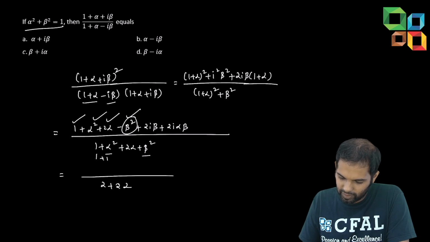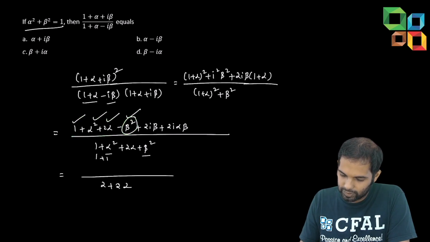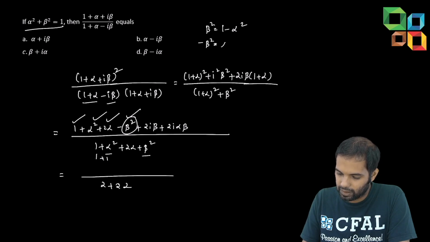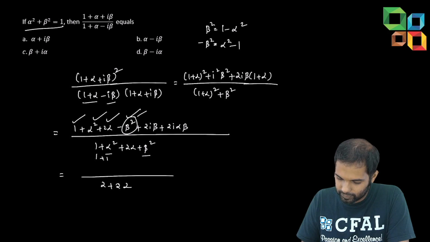Because we somehow have to simplify this. Okay. β square is what? β square is 1 minus α square. But we need minus β square, so it is α square minus 1. Right. Substituting it here, α square minus 1, I'll get 2α square plus 2α minus 1, and this 1 will get cancelled.